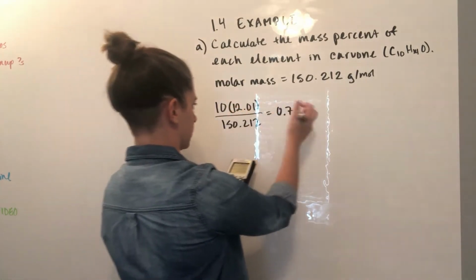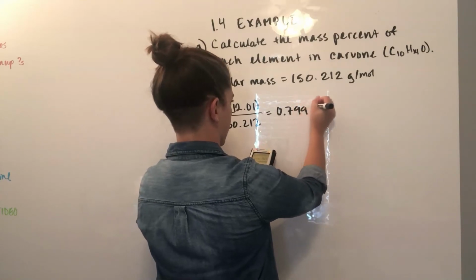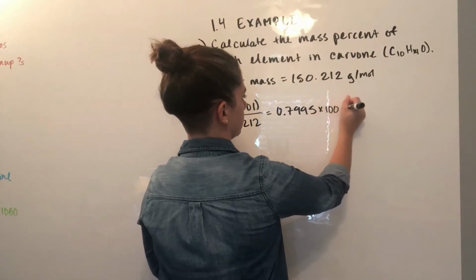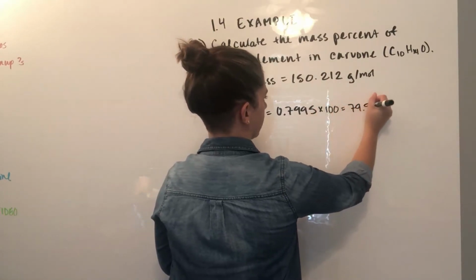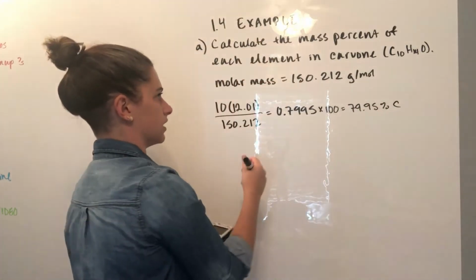I'm going to keep 4 significant figures. We want it in a percent, so we're going to multiply by 100. So 79.95% carbon.